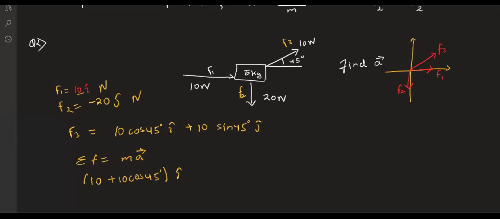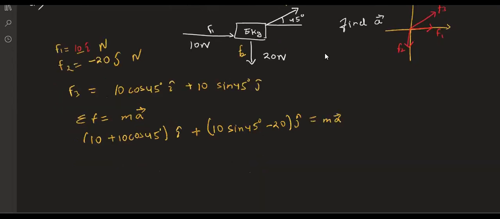Plus the j component: 10 sin 45 degrees minus 20 j cap is equal to mass into acceleration. Yes or no? Right everyone? Everyone is getting this? Okay.